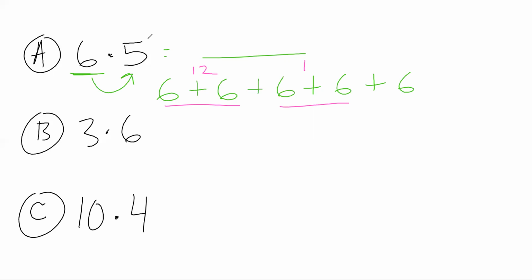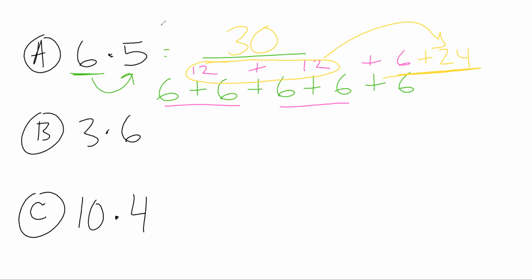Another 6 plus 6 is 12, plus just that 6 that's left. So now I want to do 12 plus 12, which is 24. And then to solve it, I have 6 plus 24. That gets me 30. All right, here we go.